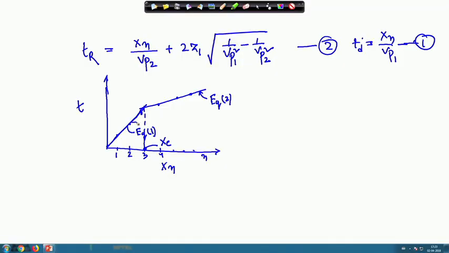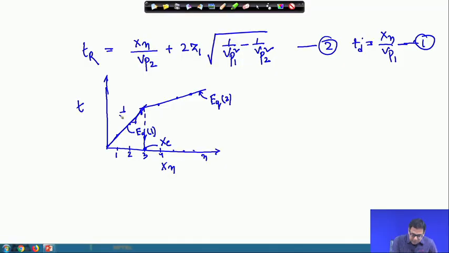The slope of this line will give 1 by V_p1, and the slope of this line will give 1 by V_p2.